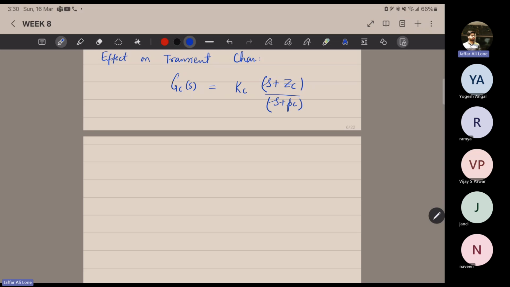If we place these close to each other, then their effects will be cancelled. So our transient characteristics will be the same, and it will not impact our root locus. So the trick is that the pole and zero should be placed close to each other.